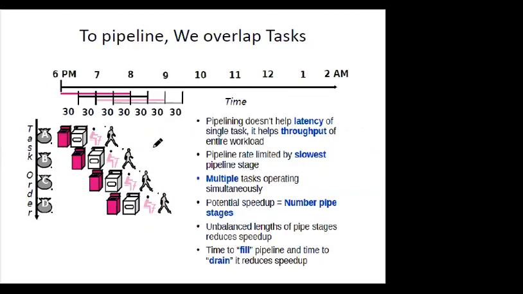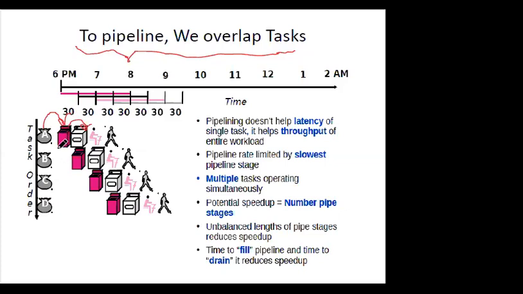This is an example of a pipeline. In our example, if we overlap the tasks, suppose the stash of clothes A is in the process of washing first. When its washing is done in 30 minutes, it will be switched over to drying.